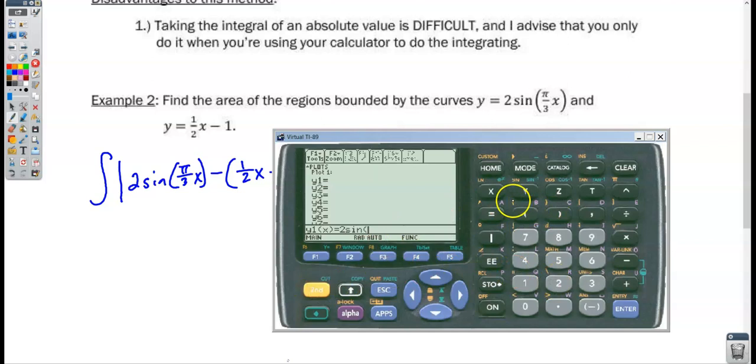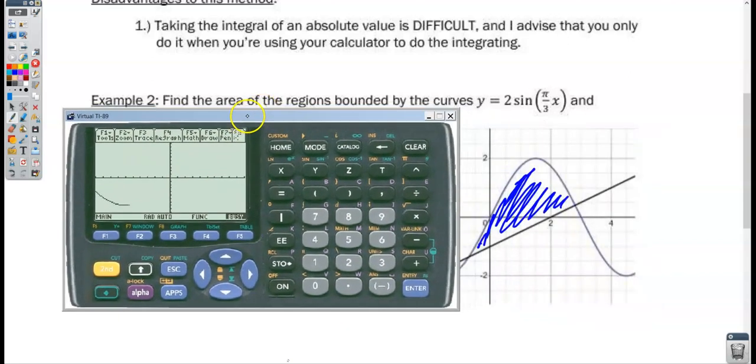y equals 2 sine of pi over 3 x, and y equals 1/2 x minus 1. We'll look at the graph here.